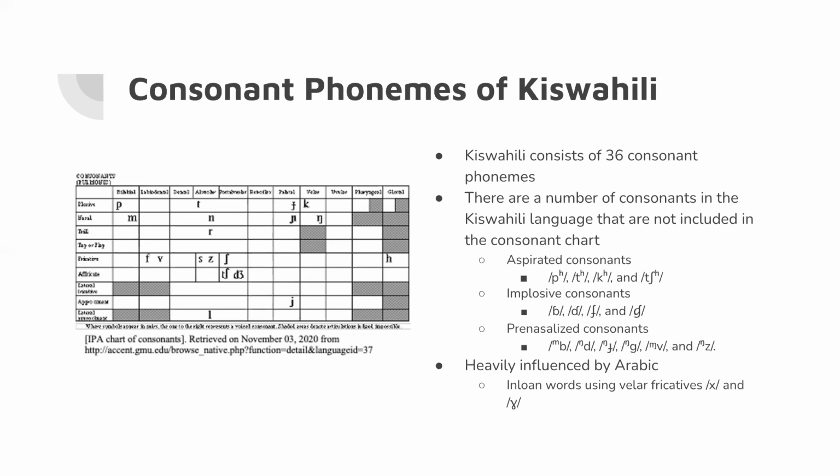And then there are also 6 consonants that can be pronounced prenasalized. So those are all listed here, the prenasalized consonants that are used in Kiswahili. And then because the language is so heavily influenced by Arabic, you often see the use of these velar fricatives, so that X there, and then the one that looks like the Y is voiced, and then the X is devoiced.